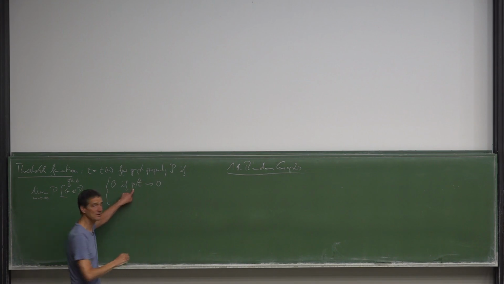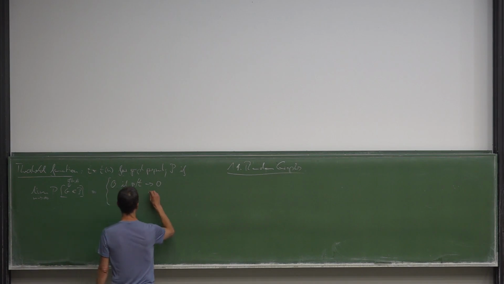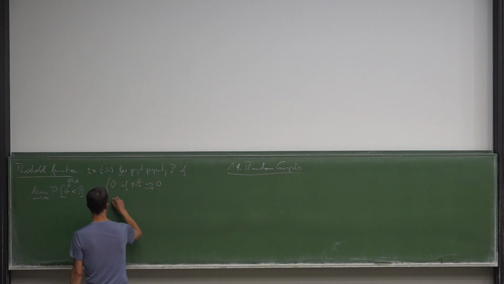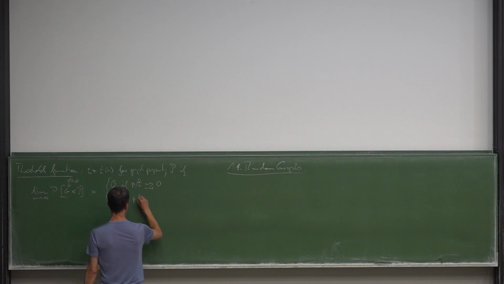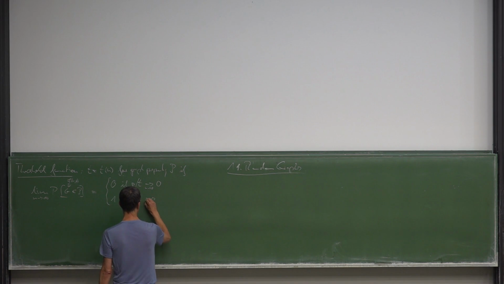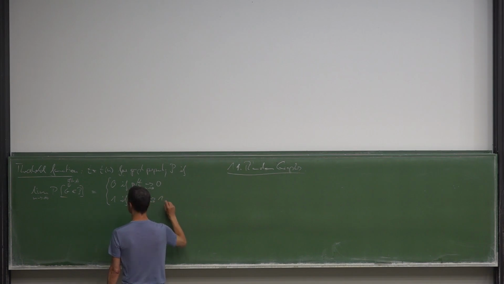So if p grows less fast than T, and if it grows faster than T, then it should go to 1.